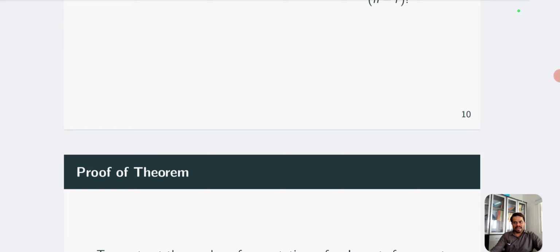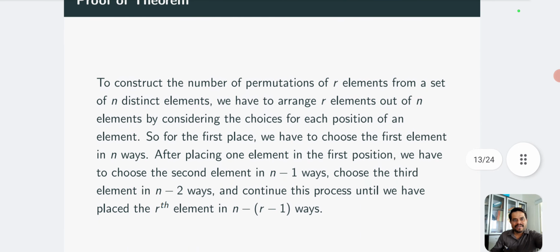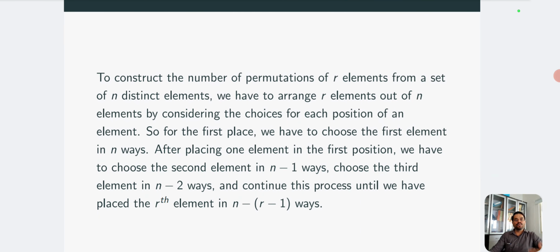For the third element, there are n − 2 ways. And we continue this process until we have placed the rth element.